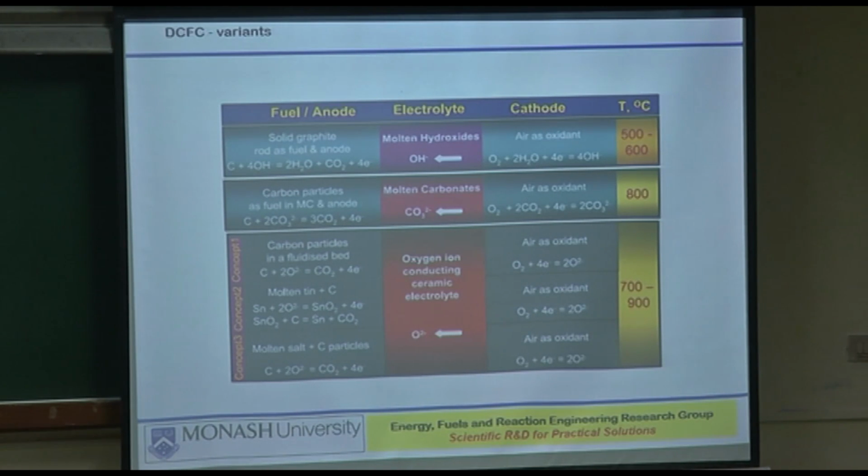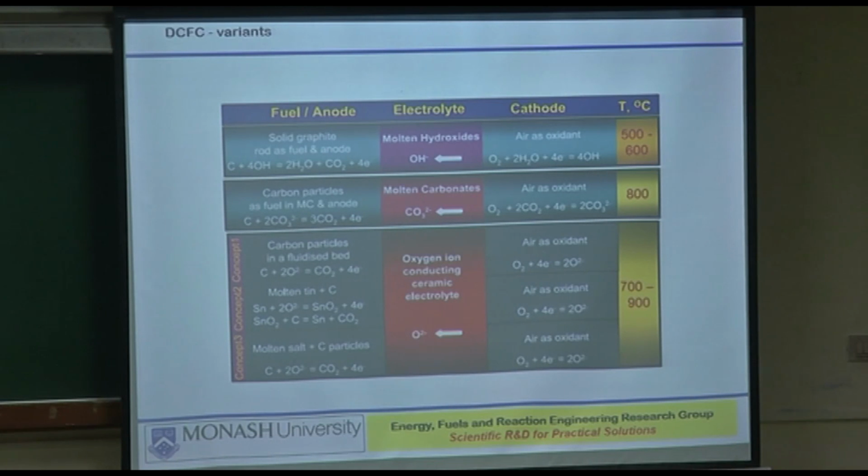Electrochemical conversion, easier. Okay. And that's the reaction that has been shown there. Then the next row, you have the carbon particles as fuel in molten carbonate and anode. So you are no longer giving the carbon as solid rod, you are giving it as discrete particles. Okay.